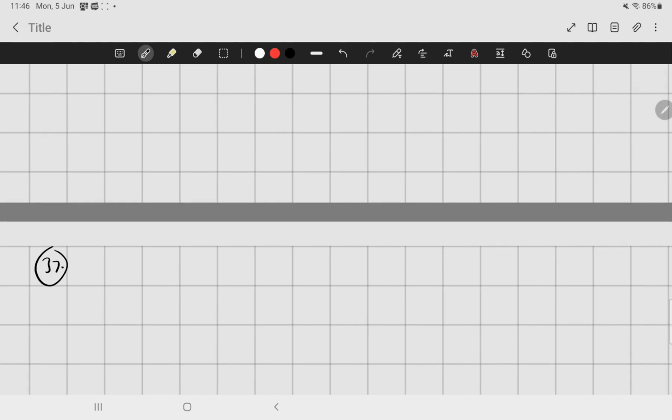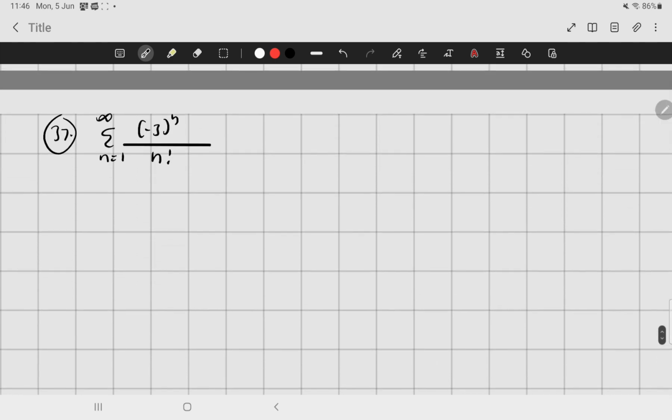Question 37. We have a series. Okay, this you could use the ratio test. So let us apply the ratio test. What does it say?